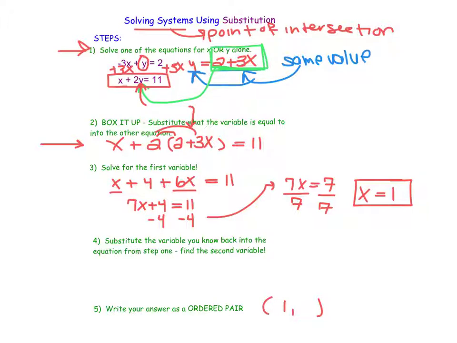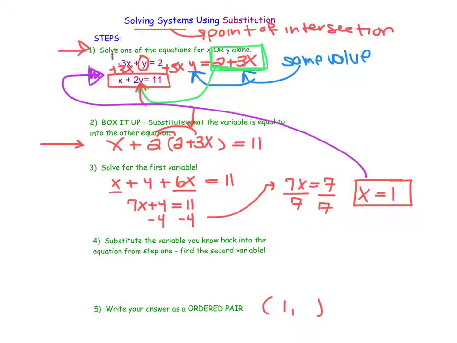So I'm going to take that x value and substitute it back into one of these two original equations, because those two original equations have the same x and y point where they are crossing. So I can replace x in one of those equations with 1 and find the corresponding y value.